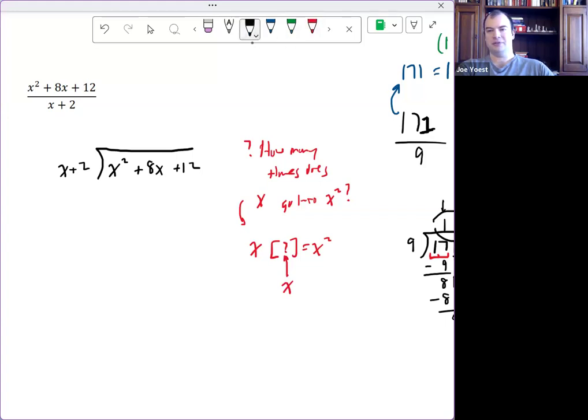How do we figure out what the answer is? Well, I just divide through by x. The question is x squared over x, which is just x. So x goes into x squared x times. I'm going to choose to write that over the x to the first power column above the 8x, just to keep things lined up nicely.